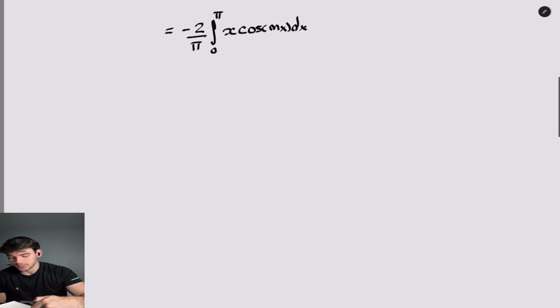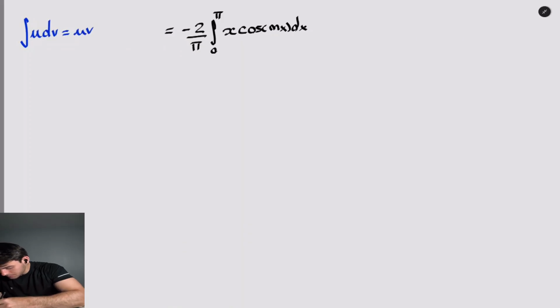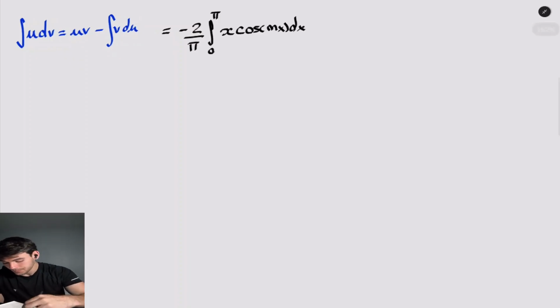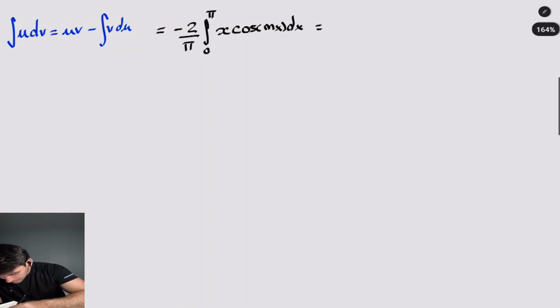I actually advise you to stop the video and try to do it by yourself. But basically the formula that we're going to use is integration of u dv equals uv minus integration of v du. So that's the formula. I'm going to do it in a direct way. Okay, so we have minus 2 divided by pi.